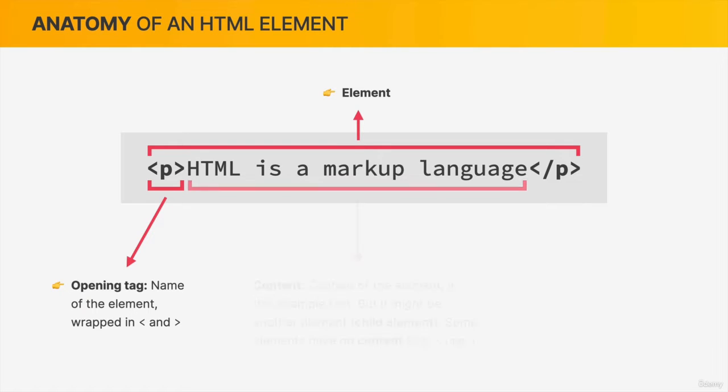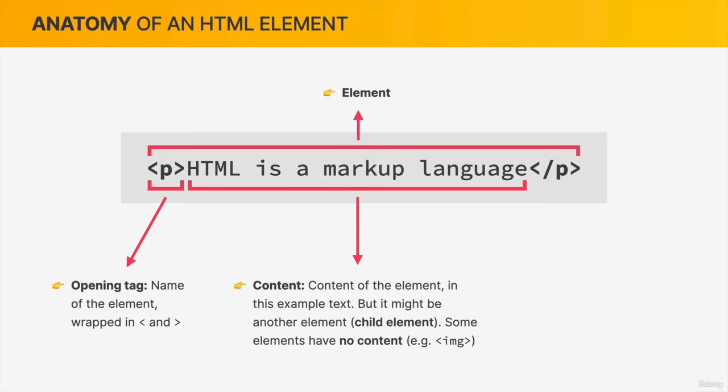Then after that, we have basically the content of the element. So in this example, that is just text, but there might be other types of content. For example, an element can contain in itself another element, which we then call a child element. Also, some elements, such as images, have actually no content at all and have only an opening tag.